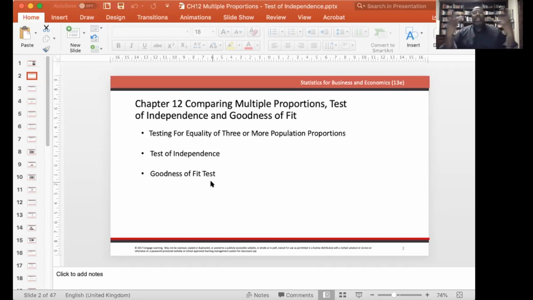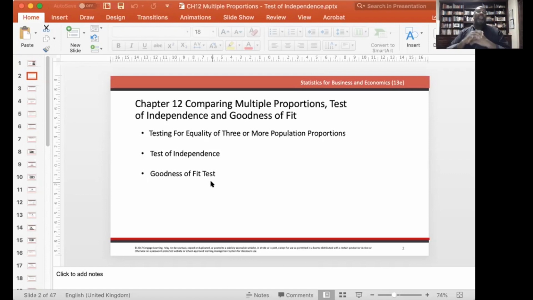And then what I could do is take a sample, break it down, say a sample of 1,000 students who've done stats, and see how many of them got an A, how many of them got a B, how many of them got a C, how many of them got a D, and see whether or not that breakdown fits the distribution I just gave you of 20, 40, 30, and 10, right?